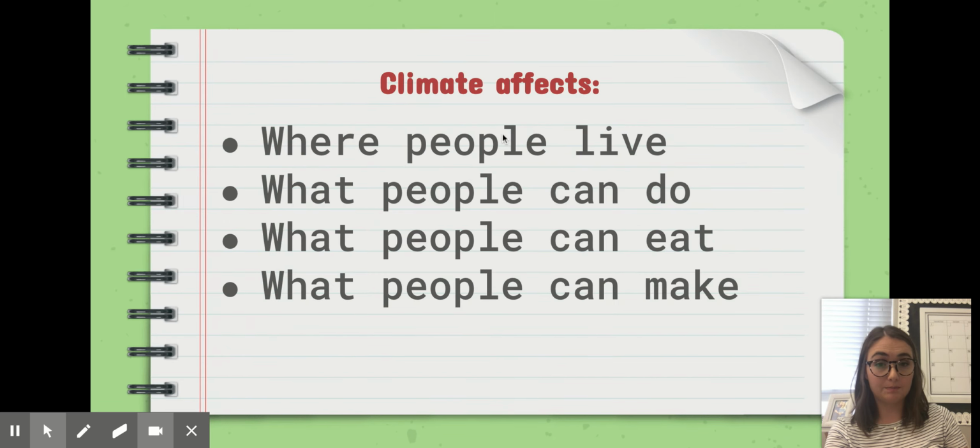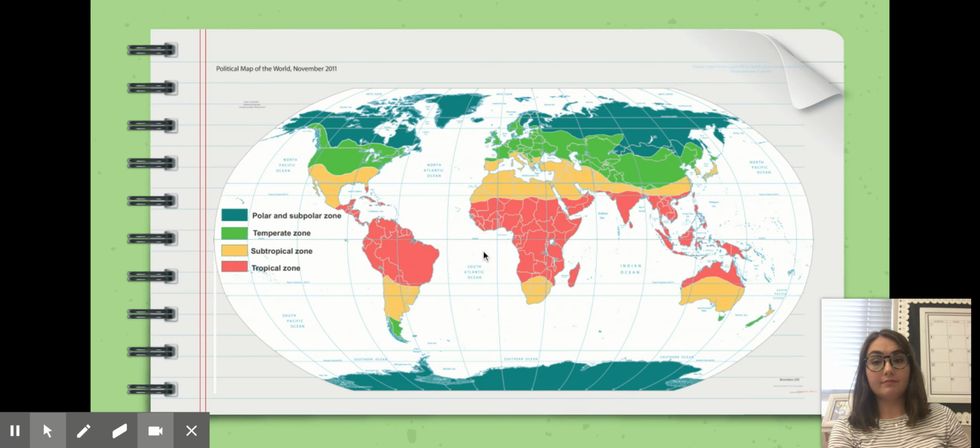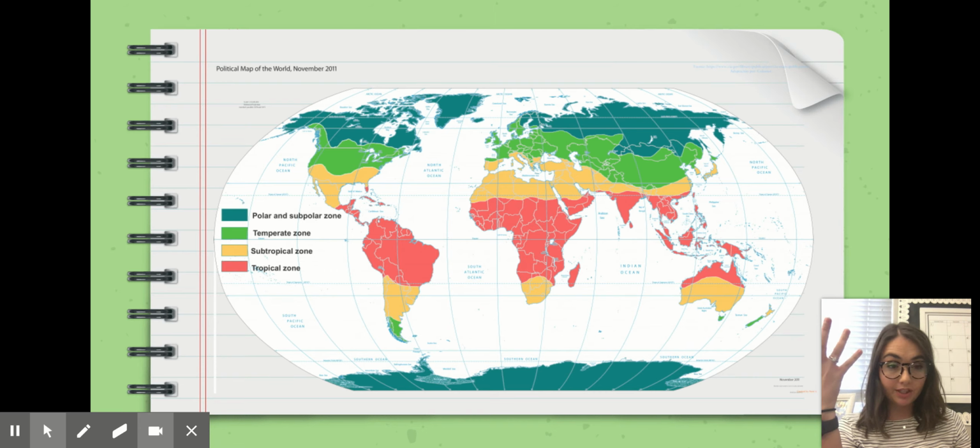What this means is that climate affects where people live, obviously, but it also affects what people can do. It affects what people can eat and what people can make because it affects what they have access to, right? If people are living here, this is where we live, it affects what you can do, all right?